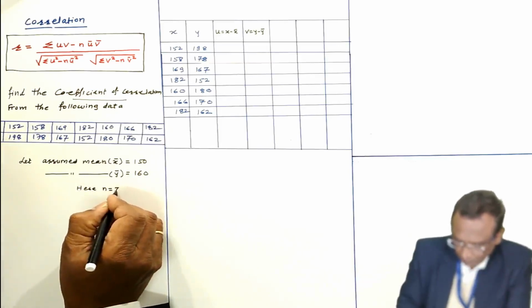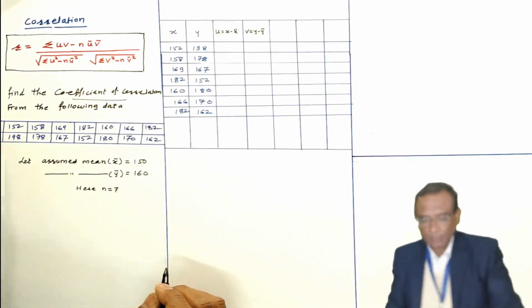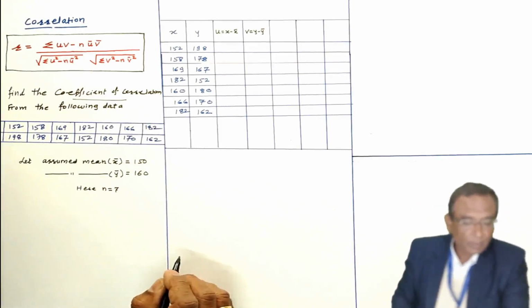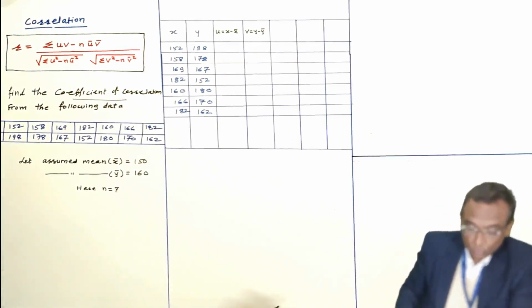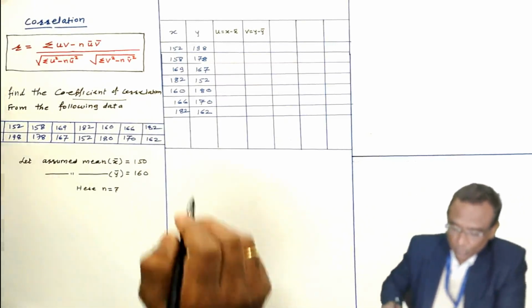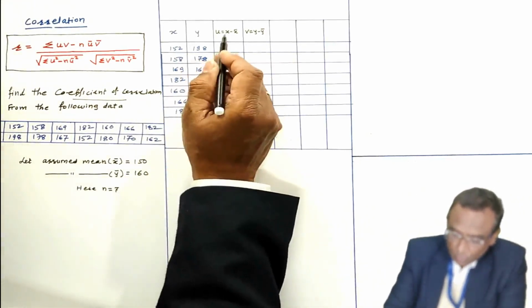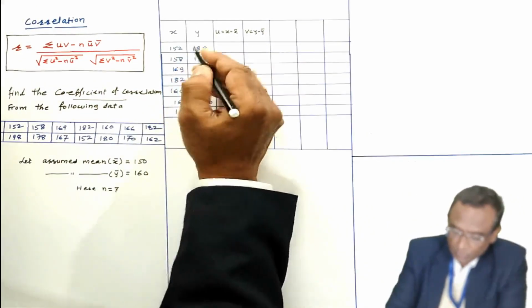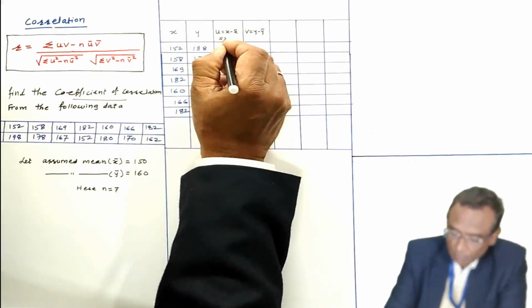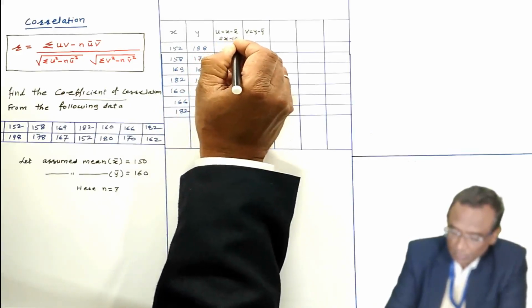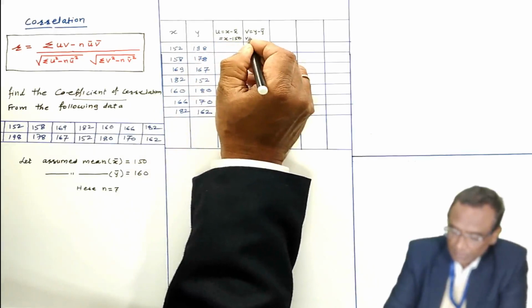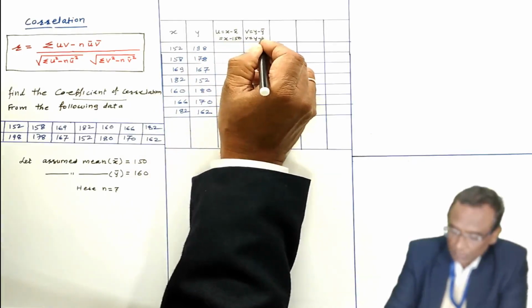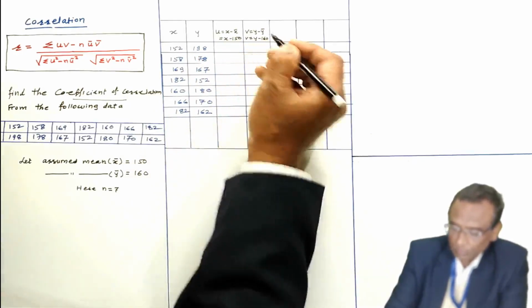N is 7. Now here I am going to find u and v. u is equal to x minus 150, assumed, and v is equal to y minus 160. These are the assumed means.